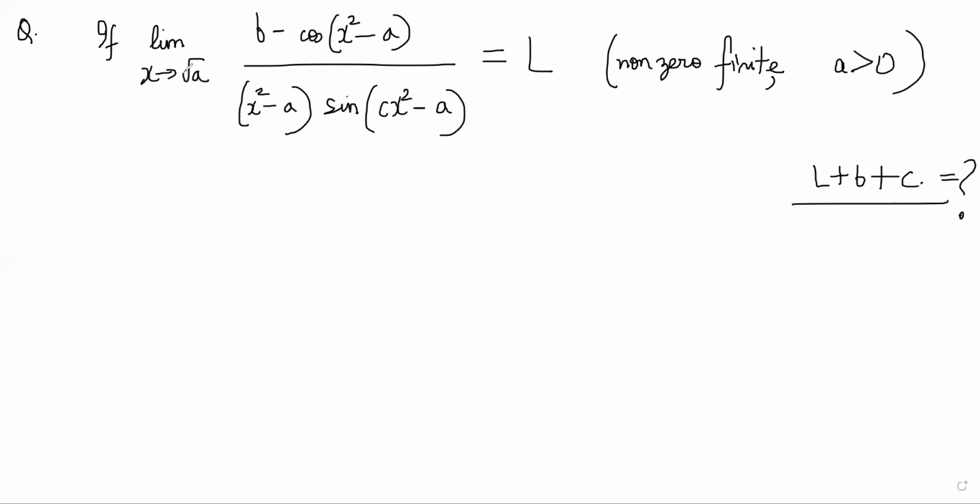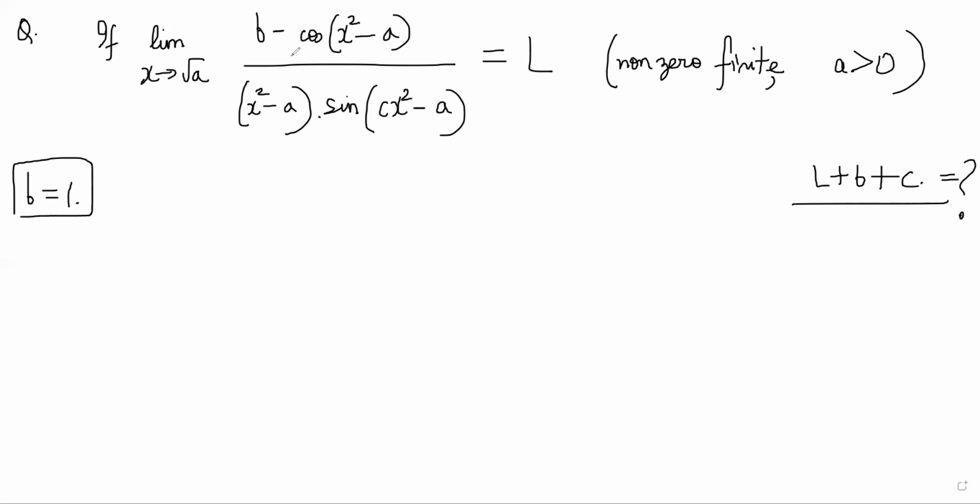Okay, so x tends to root a, this will become a minus a, so 0, b minus 1 by 0. That cannot be finite unless b is 1, right?